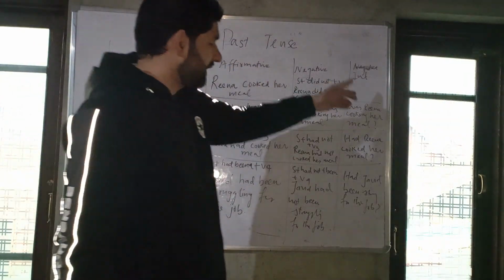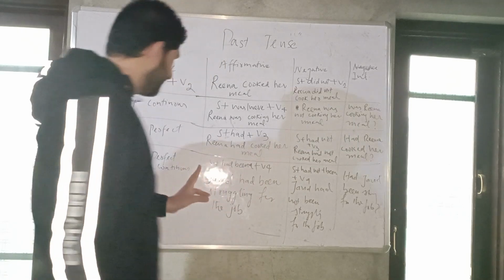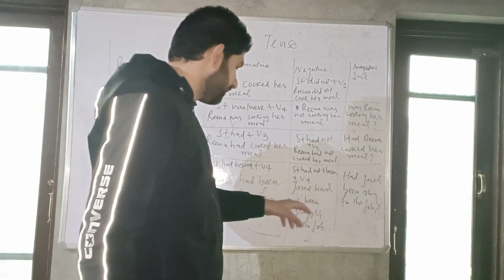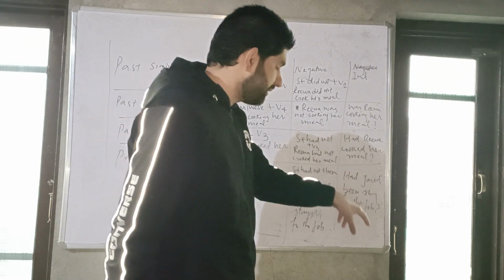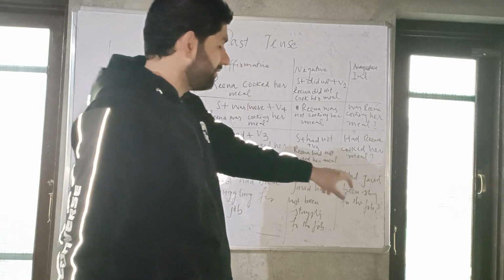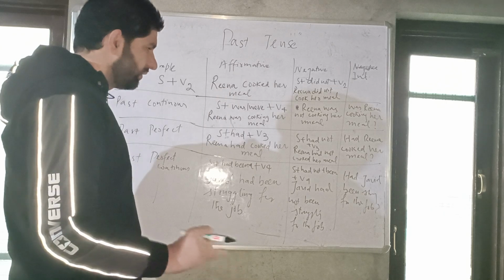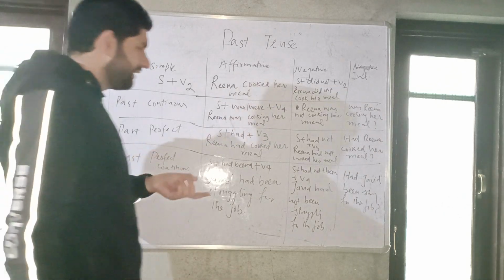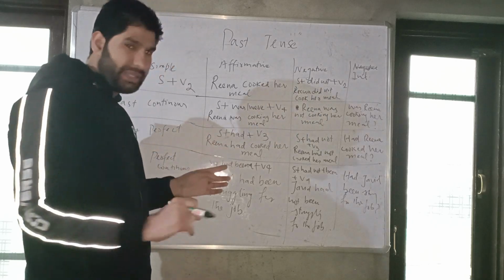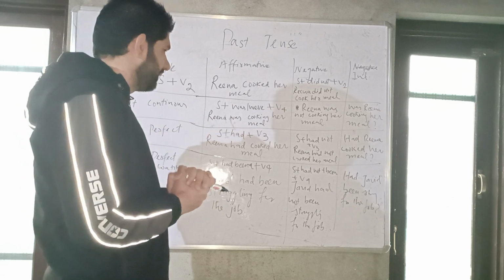So why in interrogative we put the auxiliary verb first? Javed had been struggling for the job, Javed had not been struggling for the job, had Javed been struggling for the job. And now if we turn it into negative interrogative, it will be hadn't Javed been struggling for the job. This is about past tense. Hope you understand it. And as I said, until and unless you practice it, you don't have to remember the rules. Once you practice it, you will remember it simultaneously.